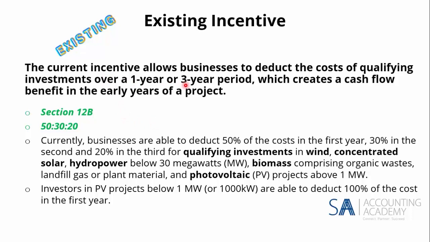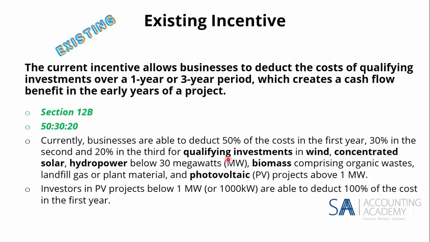All that does is create a cash flow benefit in the early years of the project. In terms of Section 12B, you can deduct 50% of the costs in the first year, so that's your 50-30-20 rule: 50% of the costs in the first year, 30% in the second, and 20% in the third year. That's what you are able to deduct from your income.